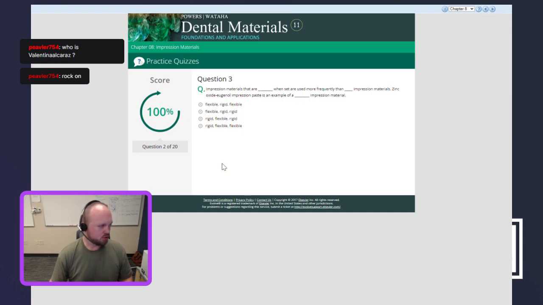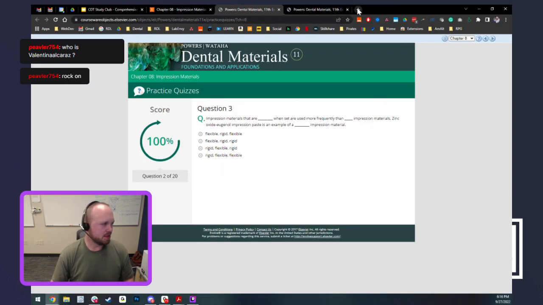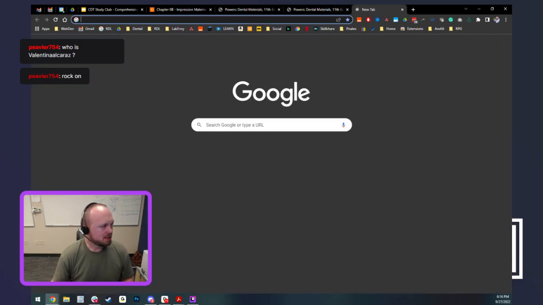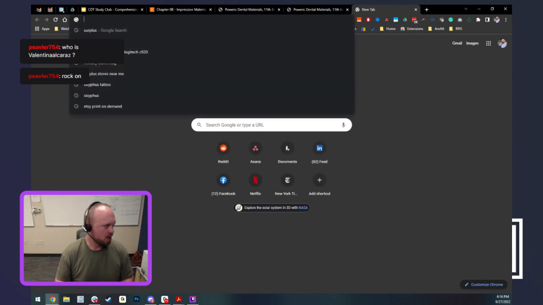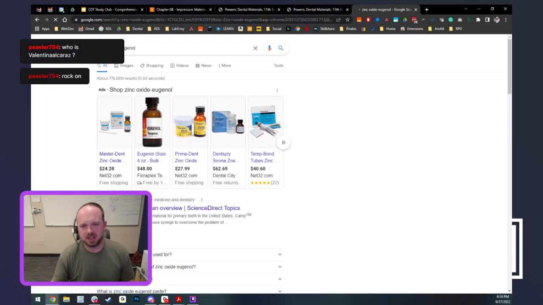Zinc oxide eugenol impression paste is an example of a flexible impression material. That doesn't... zinc oxide eugenol? What do y'all know about zinc oxide eugenol? Let's find out. It's not cheating if you're not really testing. We'll count this question wrong if you want to. Otherwise, I'm going to take the point for myself.